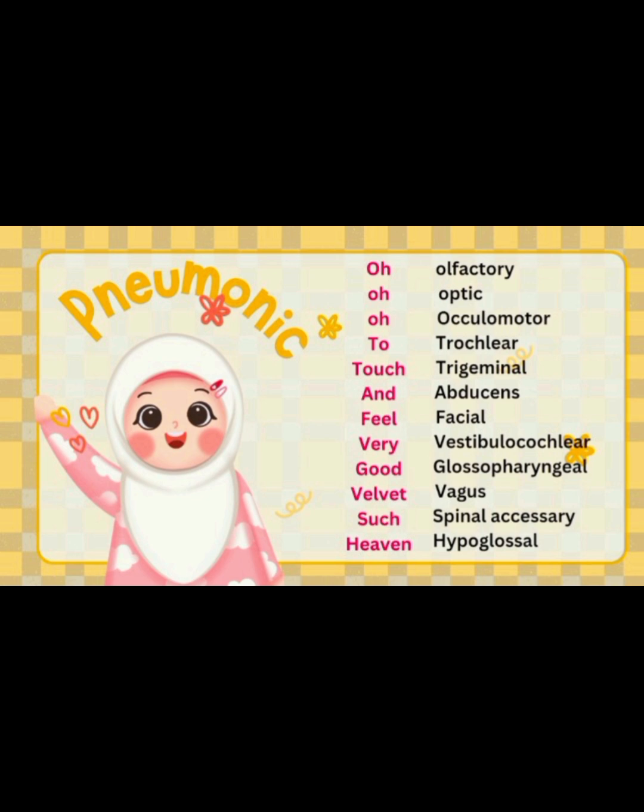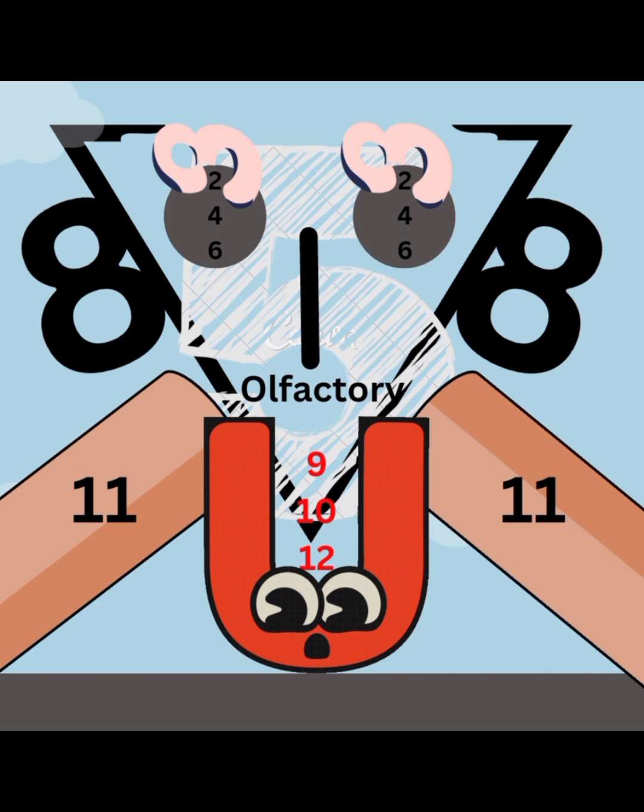It is the face method. 1 for nose, 2, 4, 6 in the eyes, eyebrows with 3 oculomotor, a big 5 for trigeminal, 7 outline of the face for facial, 8 vestibulocochlear for hearing, and 9, 10, 12 in the tongue: glossopharyngeal posterior 1/3 of the tongue, 10 and 12 vagus and hypoglossal, and then the spinal accessory with the 11.